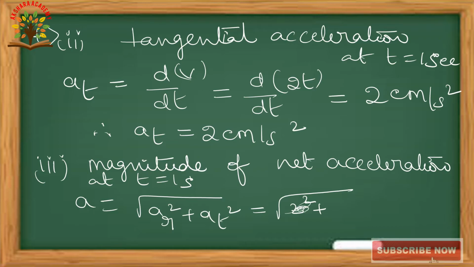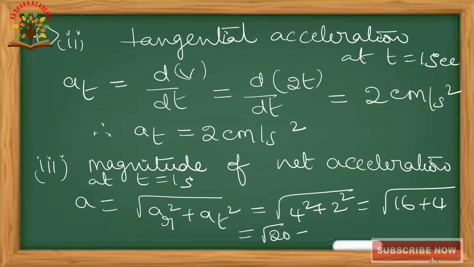So here we substitute in the place of a_r 4 square and a_t 2 square, that is equal to 4 square nothing but 16, 2 square 4, that is equal to root of 20. 20 is 4 into 5, root 4 is 2, so 2 root 5 centimeter per second square. This is the magnitude of net acceleration.